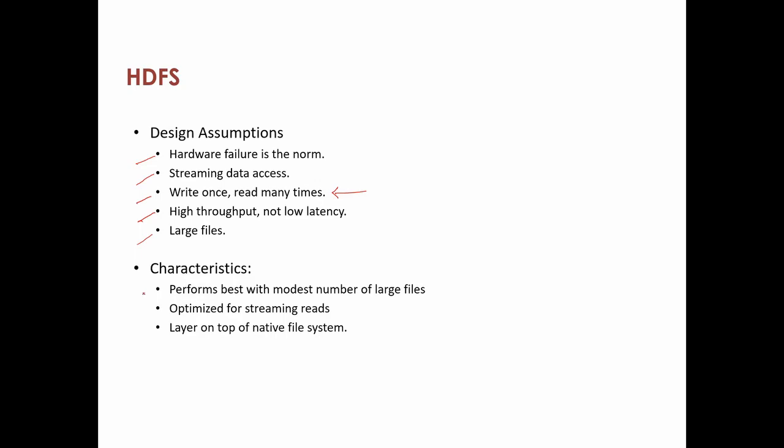Okay, so these are the characteristics. It performs best with a modest number of large files. It is optimized for streaming reads, so it provides a list of data blocks of a file to the client.